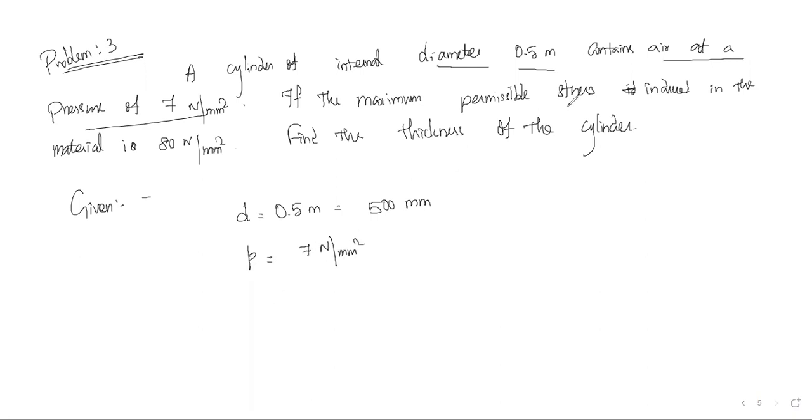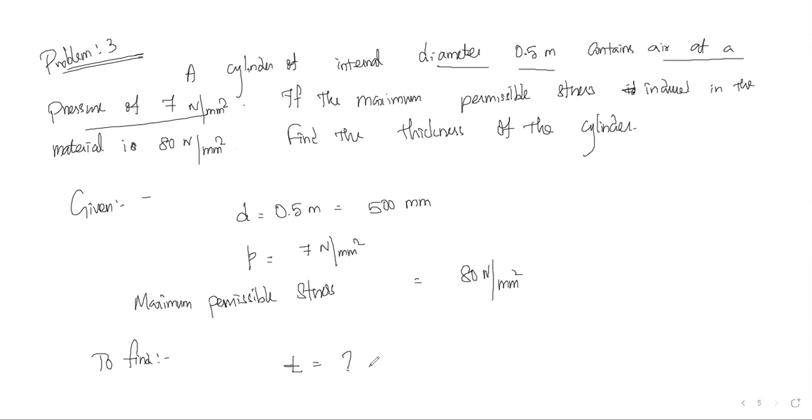The maximum permissible stress induced in the material is equal to 80 Newton per mm square. Now the question is, what is the thickness of the cylinder? T is equal to what?